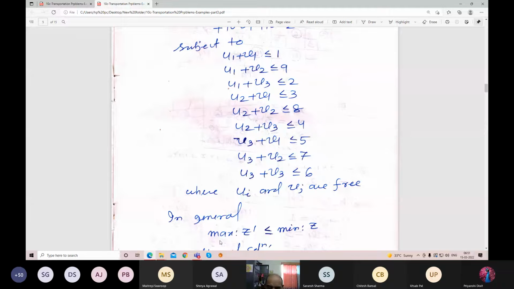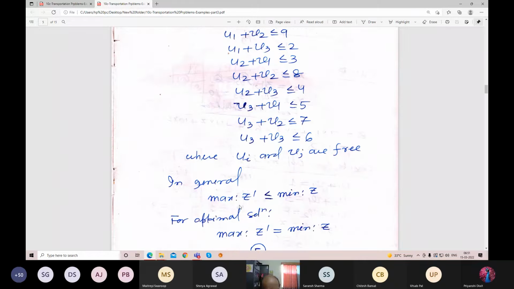They are free variables. As you know, due to the duality theory, the maximization of z dash is always less than equal to minimization of z. Minimization of z is always greater than equal to maximization of z dash. And for an optimal solution, maximization of z dash equals minimization of z.